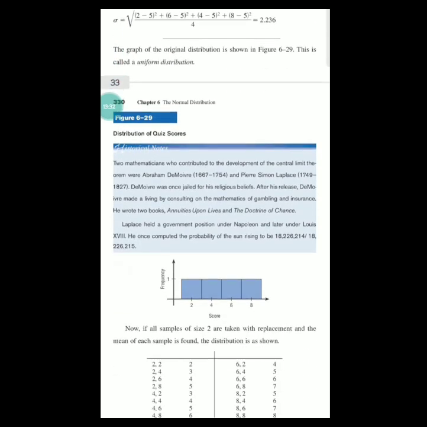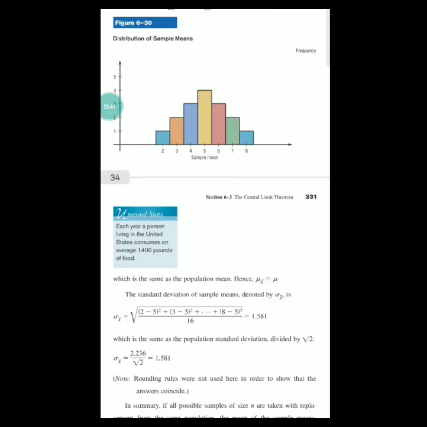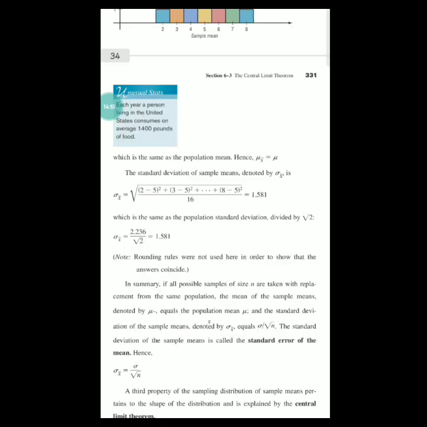So, the standard deviation of our sample means is equal to 1.581. So, it proves that the standard deviation of our sample means is smaller than the standard deviation of the population. The summation of x, which is the value of our data, is divided by 16.